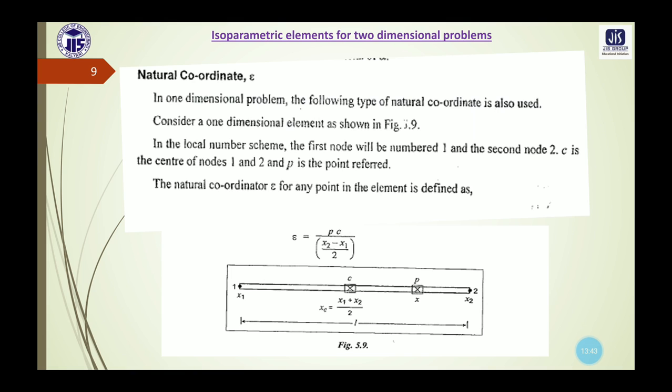Again, in the case of the one-dimensional problem, another type of natural coordinate like epsilon is also used. So let us discuss that concept also. In figure 5.9, you can see that we have considered a one-dimensional element.